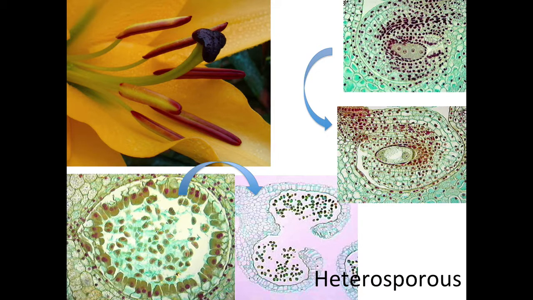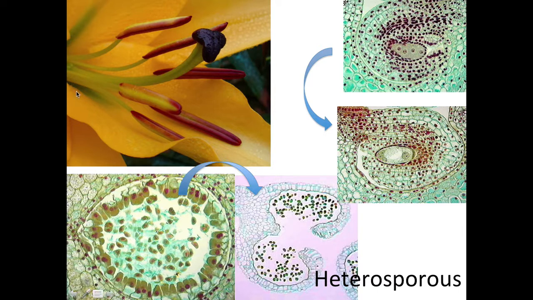In a heterosporous organism like this lily flower, you have microsporangia that are located in these anthers. This is the inside of the sporangium, and you can see all these little microspores being produced. Those microspores are also called pollen, and inside those pollen are the sperm.